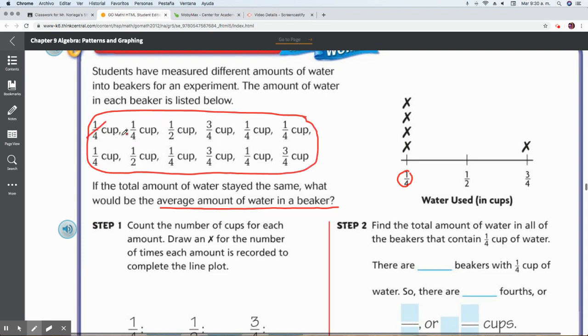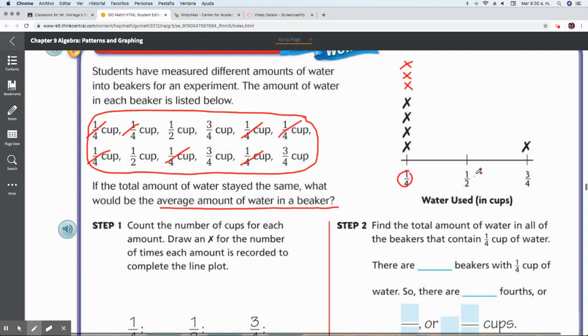Okay, 1, 2, 3, 4, 5, 6, 7. Okay, 7 1/4s. Okay, 1/4 already has 1, 2, 3, 4 x's. How many more x's do I need to draw to make 7? Okay, 3 more. 1, 2, 3 equals 7.